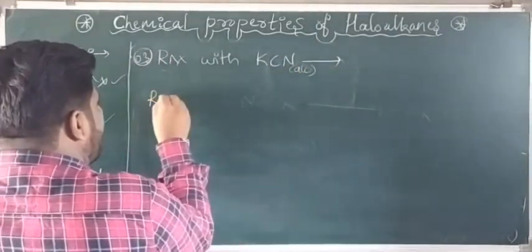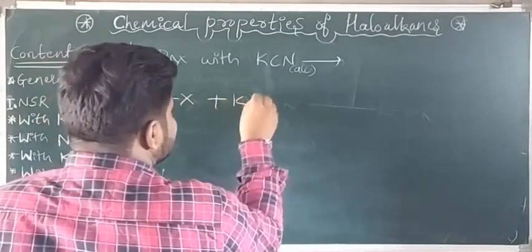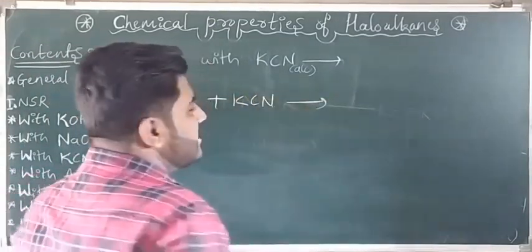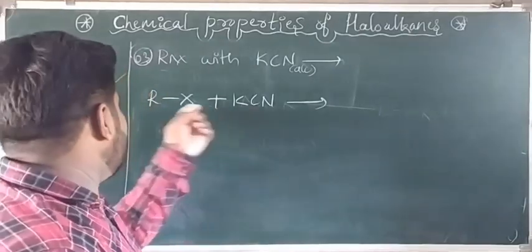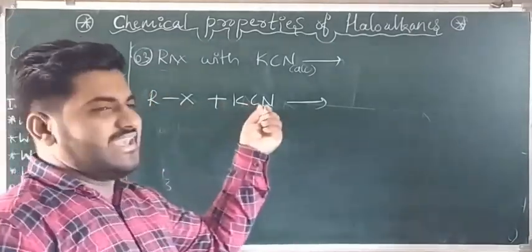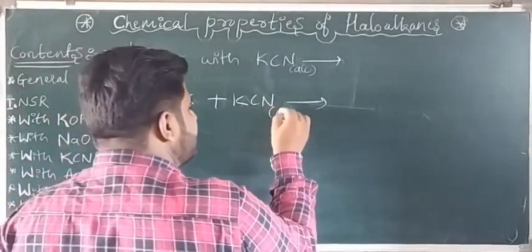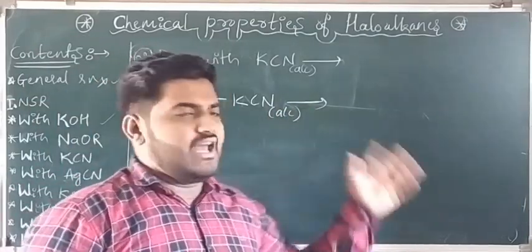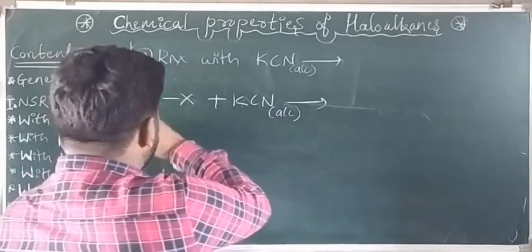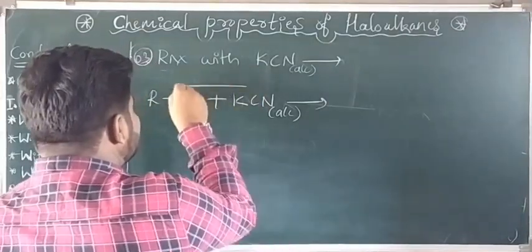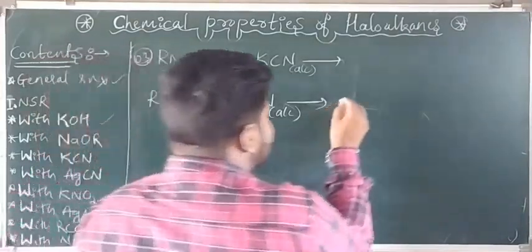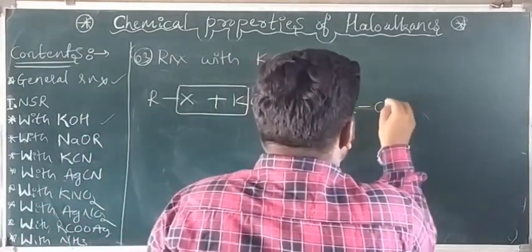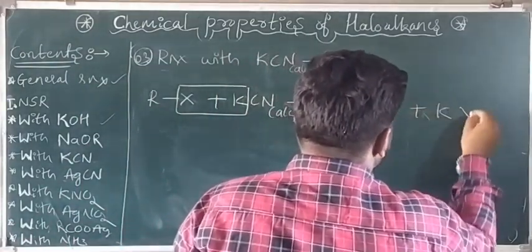KCN is nothing but potassium cyanide. When you react haloalkane with alcoholic KCN, that means KCN prepared in alcohol, KX is eliminated and we form RCN plus KX.